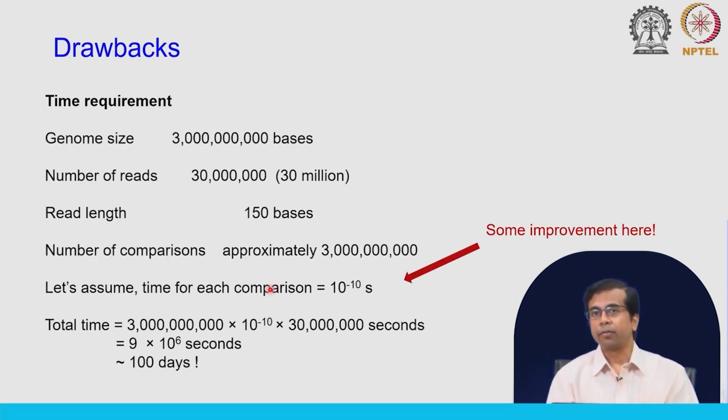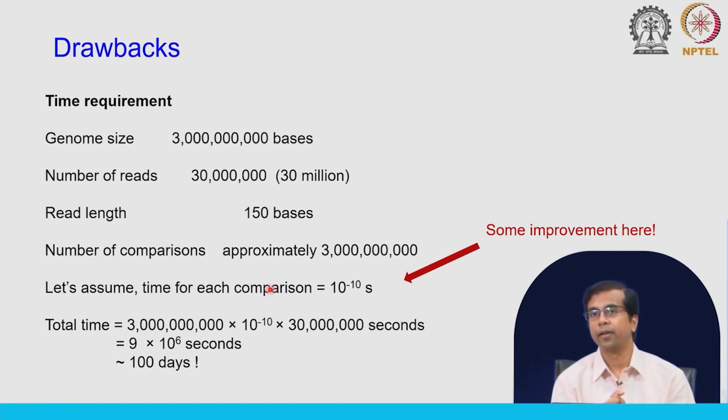Now, the drawbacks. As I said, there might be some improvement in this mismatch step. So, going back to the same example, we are looking at the same data. We have 3 billion bases in the reference sequence, 30 million reads, and a similar number of comparisons, but let us assume that the time for each comparison now is 10 to the minus 10 seconds.